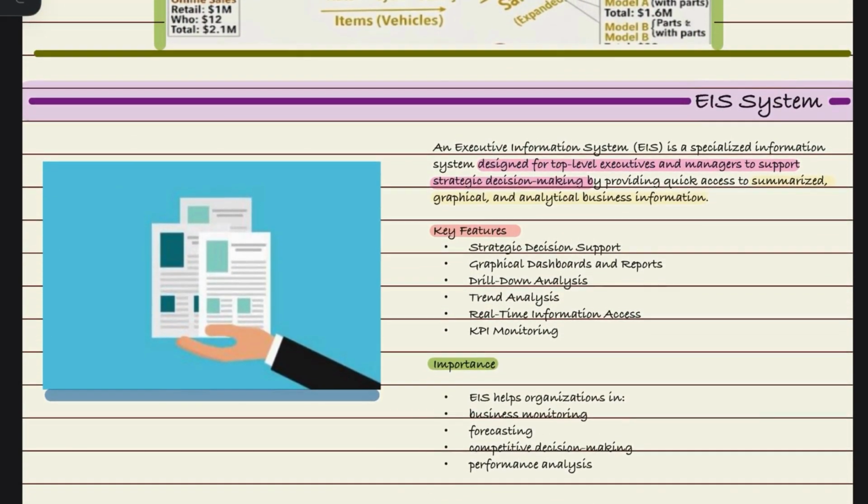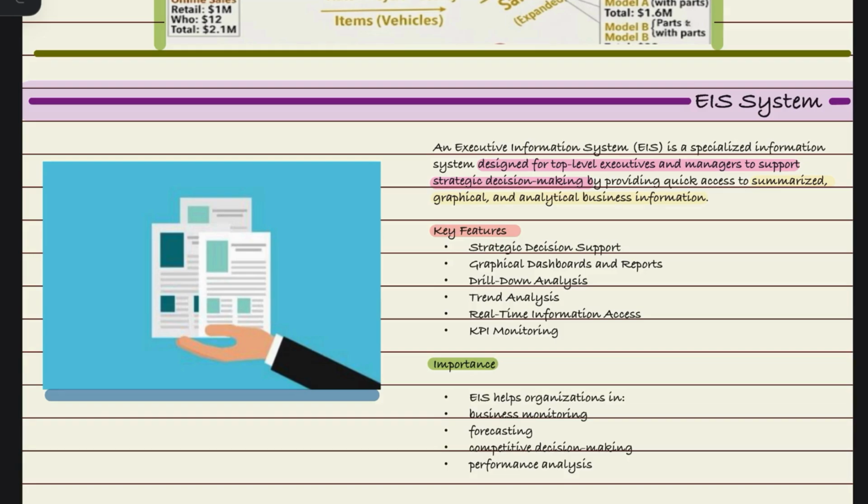And then you need to understand the concept of EIS, that is Executive Information System. This is the actual software tool that sits on the CEO's desk. So look, a company's CEO or managing director does not have the time to write SQL queries, right?